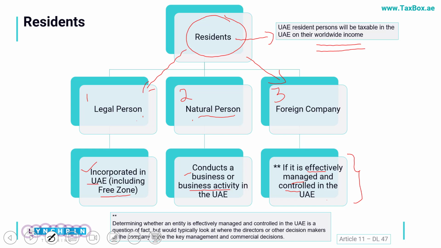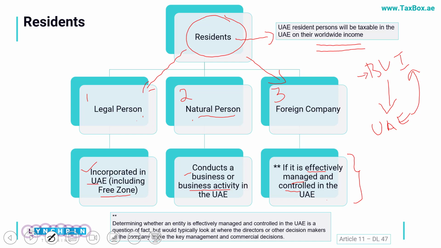For example, we have a holding company, for example, in BVI. It is of course a tax haven, and this BVI company is 100% owner of a company in UAE. All the profits it earns are being shifted here, and this BVI company is also doing some independent activities.